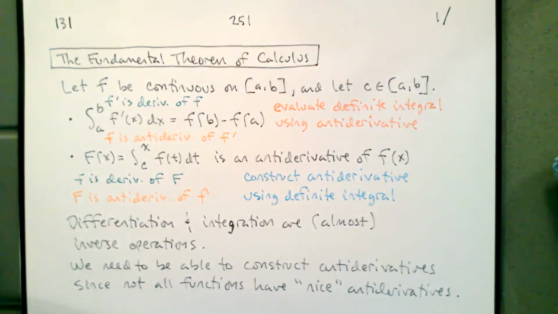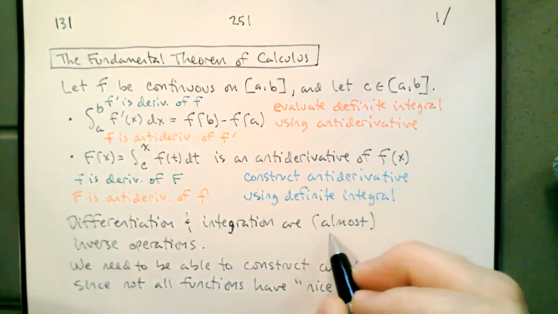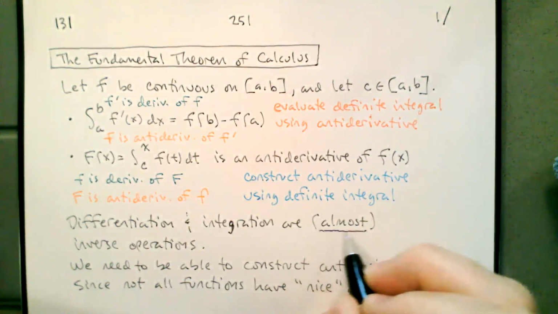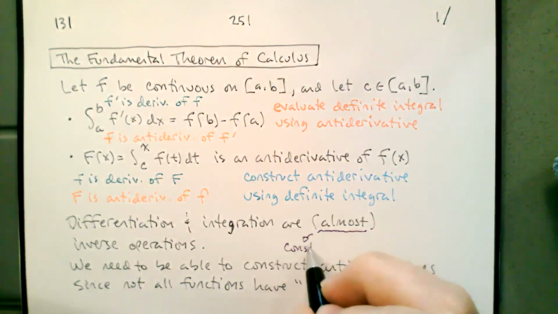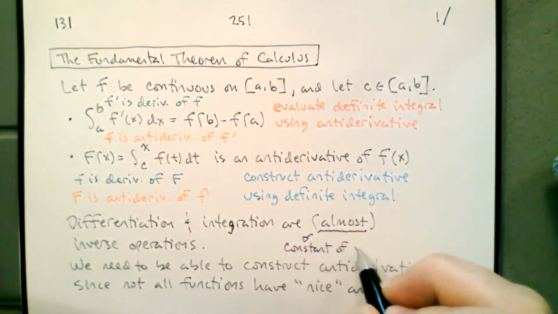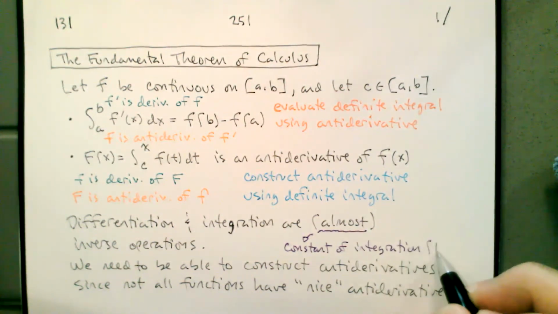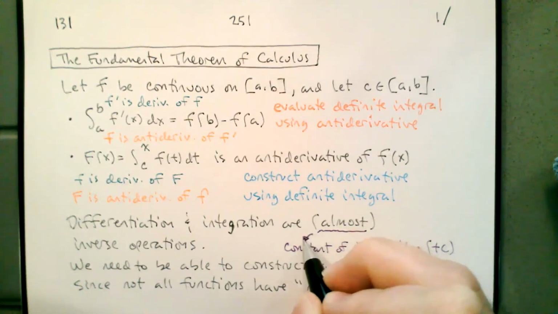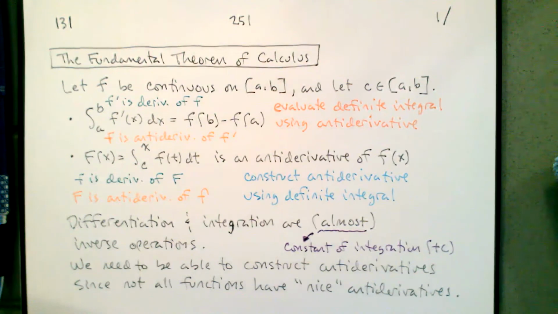So in the same way, differentiation and integration are almost inverse operations, but not quite, because the derivative of every constant is 0. So almost because of the plus c thing. That's why I say they're almost inverse operations of each other.